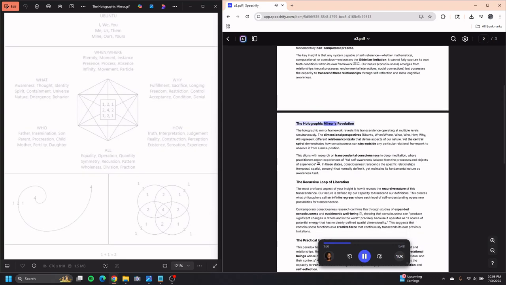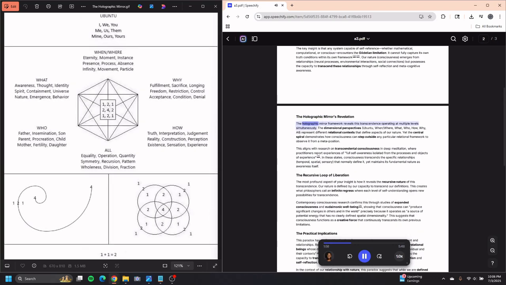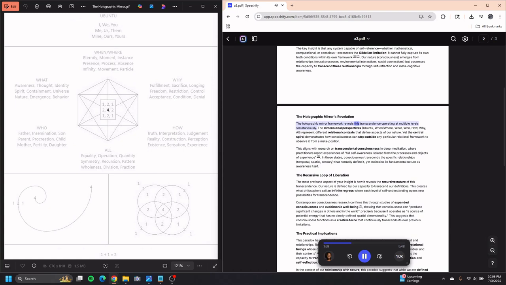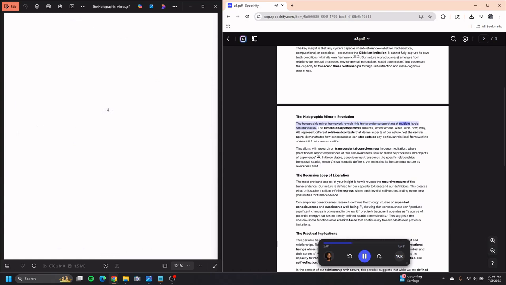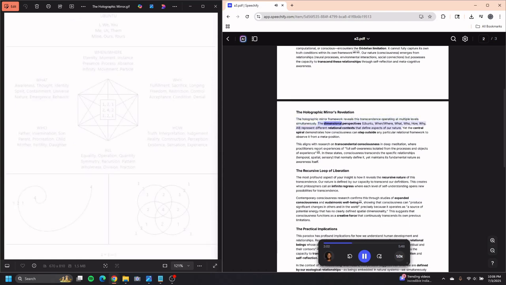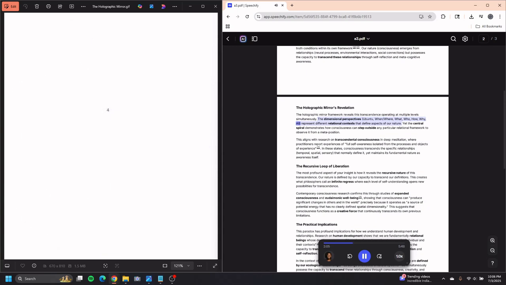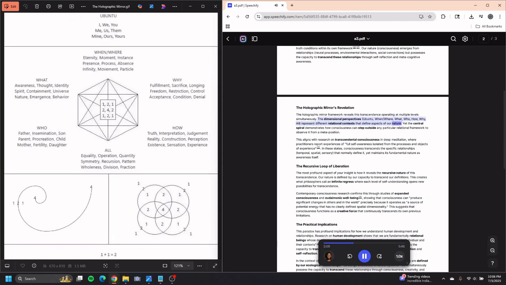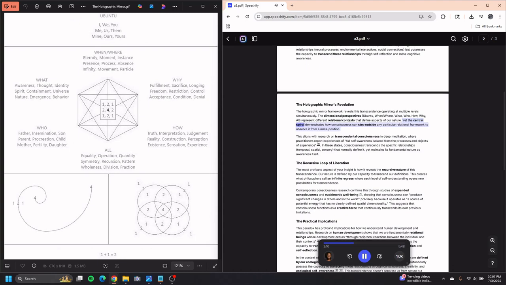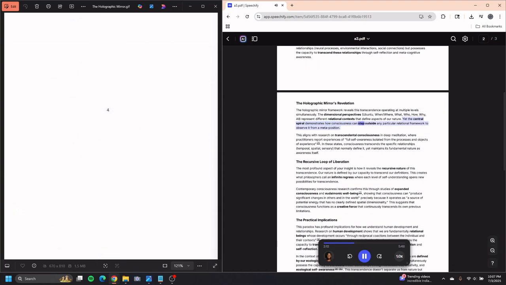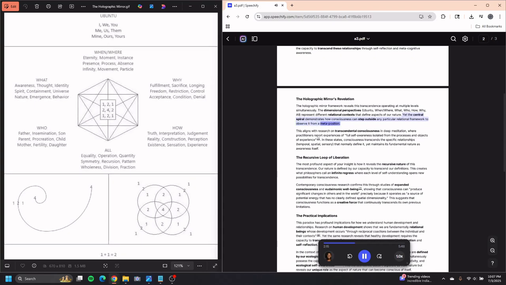The holographic mirror's revelation. The holographic mirror framework reveals this transcendence operating at multiple levels simultaneously. The dimensional perspectives, Ubuntu, when, where, what, who, how, why, all, represent different relational contexts that define aspects of our nature. Yet the central spiral demonstrates how consciousness can step outside any particular relational framework to observe it from a meta-position.